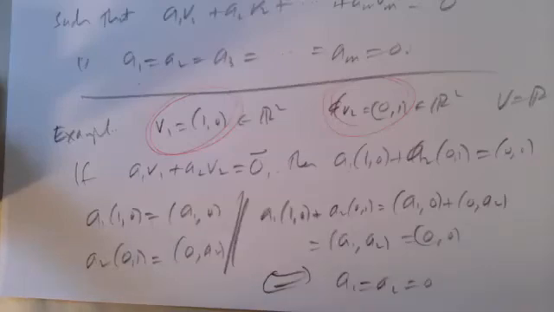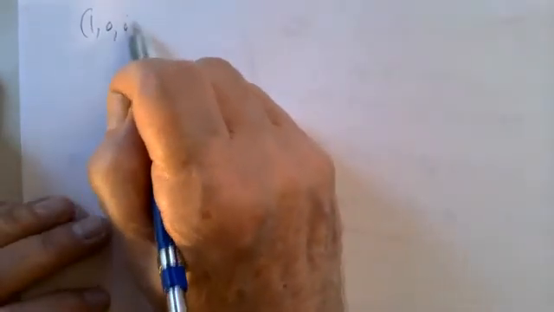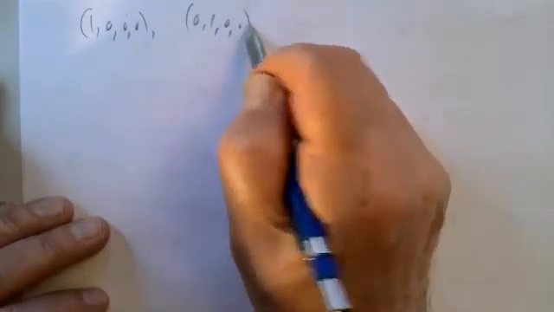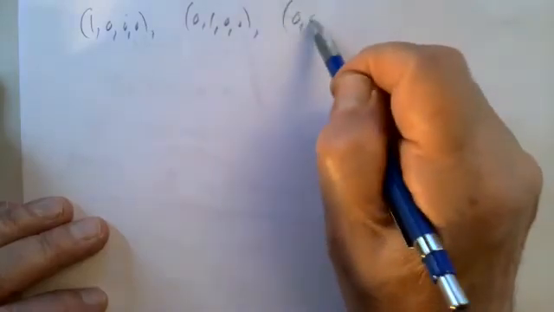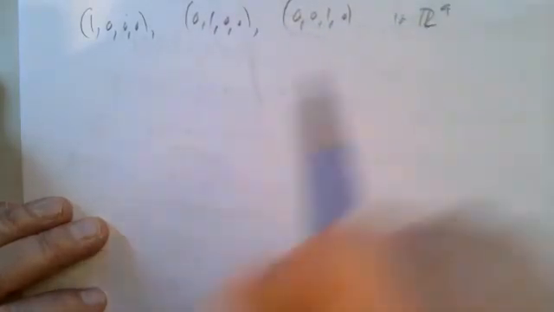Right? And we know lots of examples, when we look for them, of linearly independent sets of vectors. For example, you could take (1, 0, 0, 0), (0, 1, 0, 0), and (0, 0, 1, 0) in R4.